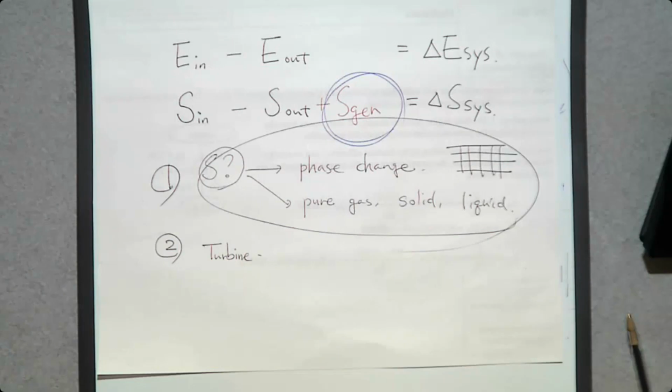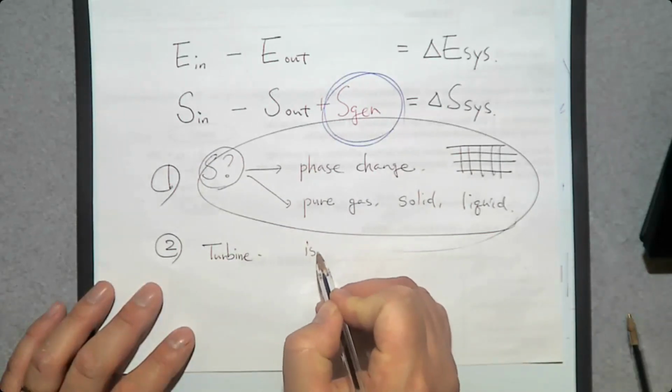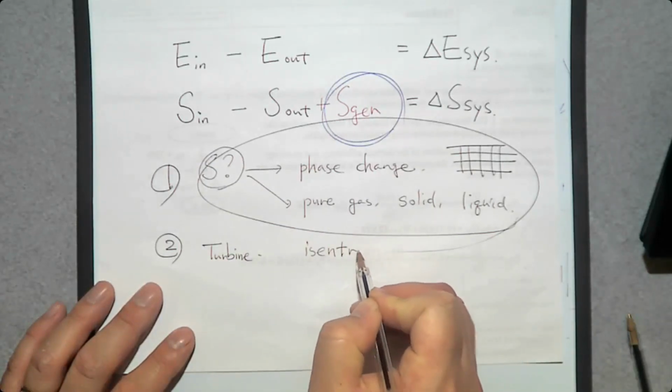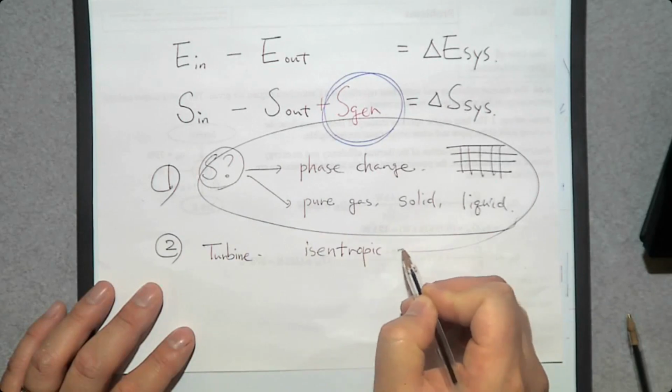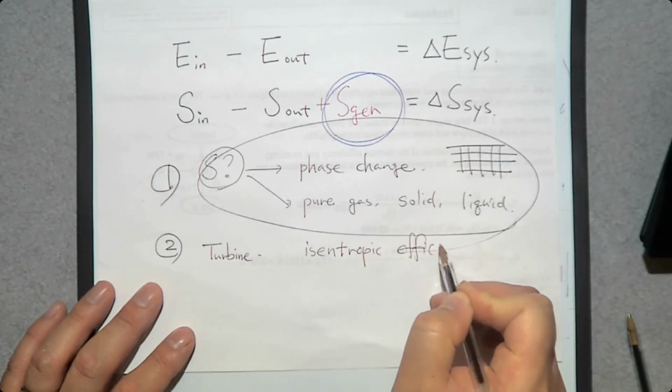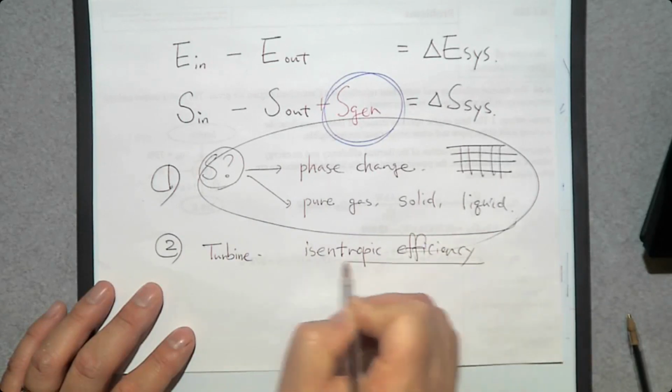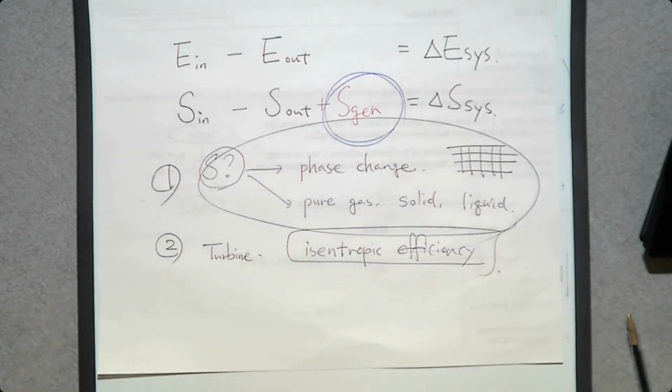But one thing that you can calculate is how close your turbine is to an ideal turbine whose entropy remains constant. That is called isentropic efficiency. Isentropic process means when entropy remains constant.